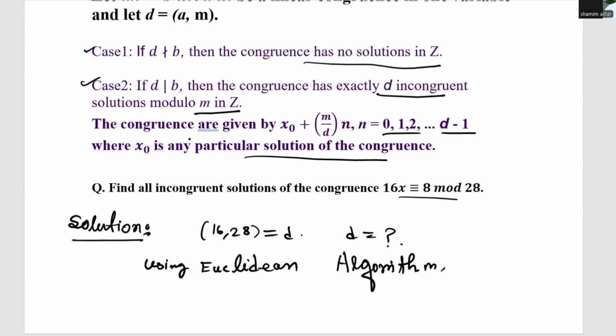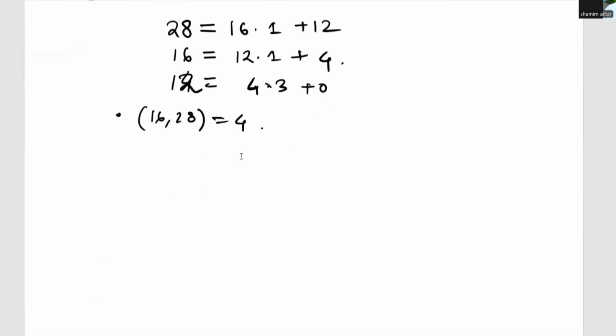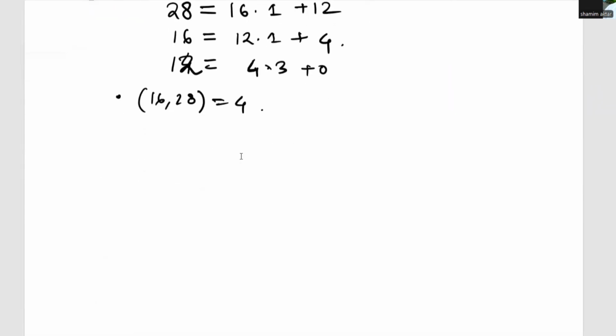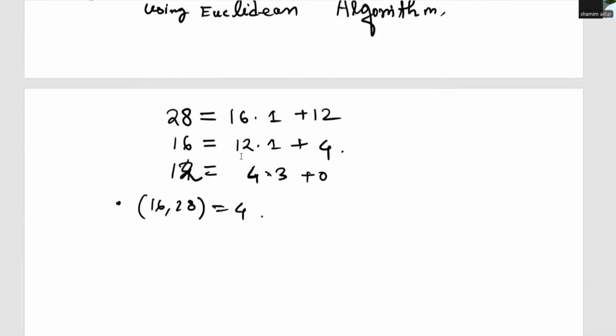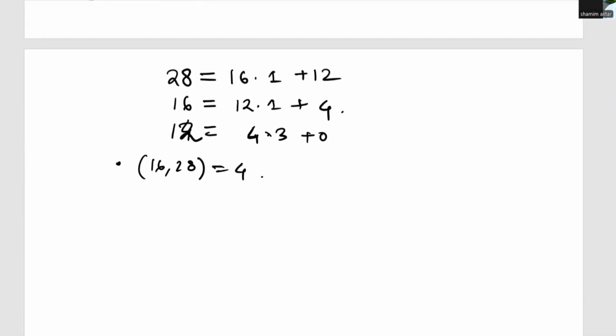Next we find a particular solution x0, and then we find all the incongruent solutions of the linear congruence. So 16x ≡ 8 mod 28 is equivalent to the statement that 28 divides 16x minus 8.